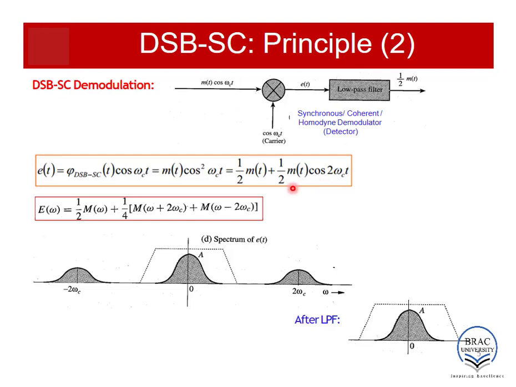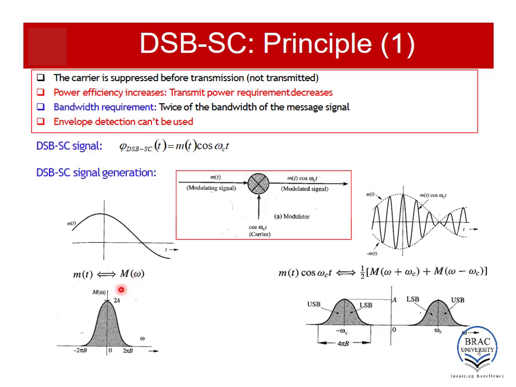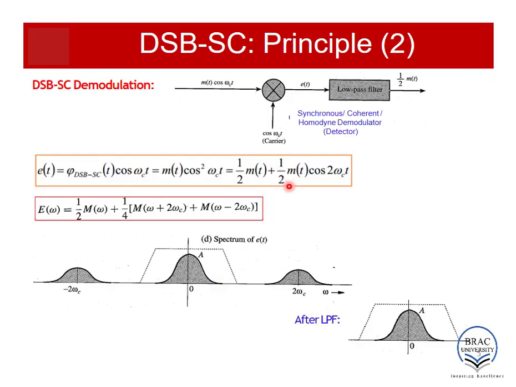In this case, the message was not m(t), it was half m(t). If in the case of M(ω) the amplitude is 2A, in the case of half M(ω) the amplitude will be A. And as this signal is multiplied by cos 2ωct, the resulting spectrums will have 1/4 of the original message amplitude, that is A/2.